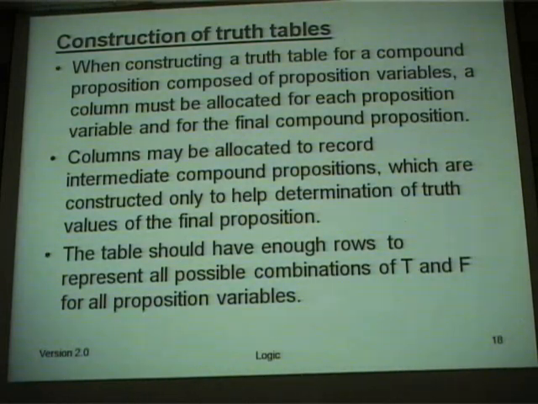Now those are the simple truth tables. Simple truth tables determine the truth value of the simplest composite propositions. Now once you are given any composite proposition, for example, something like that, determining the truth value of this one is not straightforward.